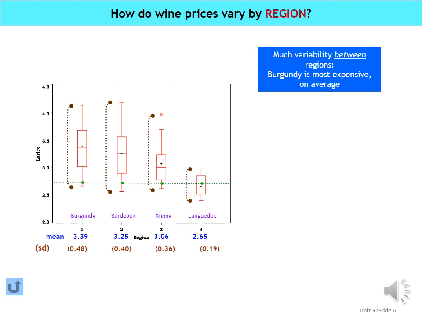With the mean values, you can do several t-tests. You can compare Burgundy to Bordeaux, Burgundy to Rhône, Burgundy to Languedoc, Bordeaux to Rhône, Bordeaux to Languedoc, and Rhône to Languedoc. Six of them, you can do that. But there are problems from the analysis perspective, and for that reason we use the variances.